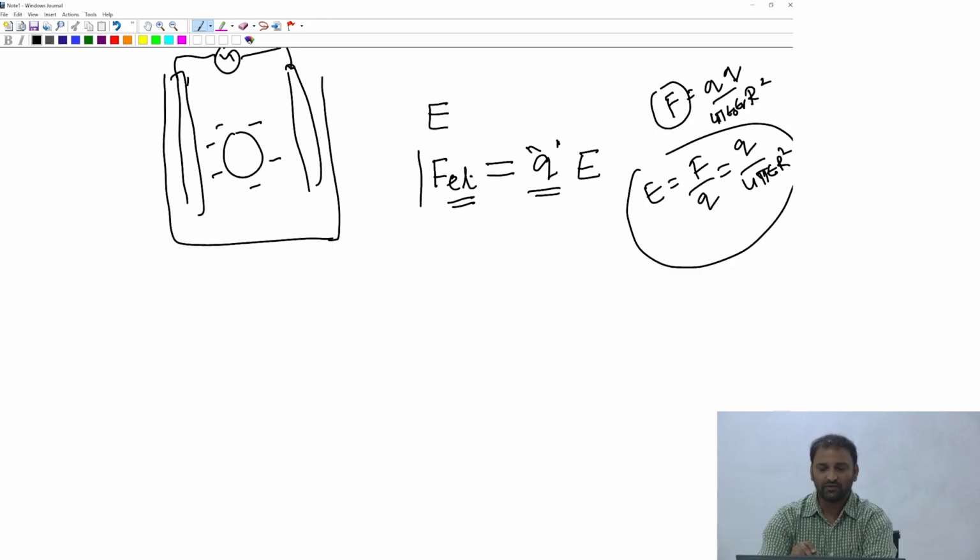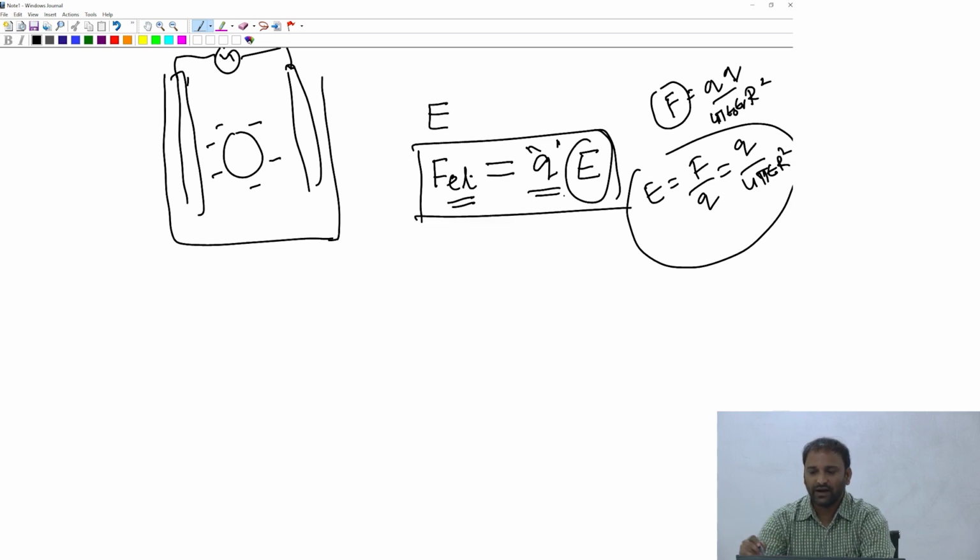So basically, the way the electric field is defined is force per unit charge. Therefore, if I'm applying an electric field E, the force with which the particles start moving, either towards a positively charged electrode or a negatively charged electrode, is given by F equals Q times E, where Q is the charge that the particle carries.